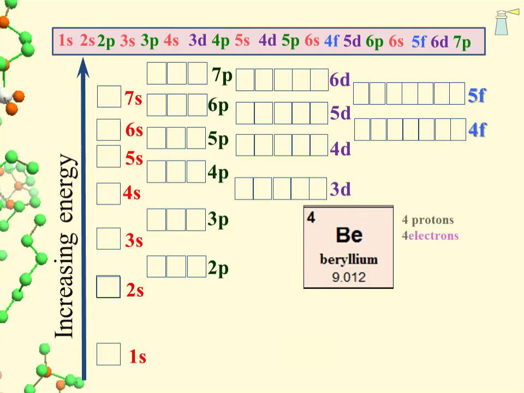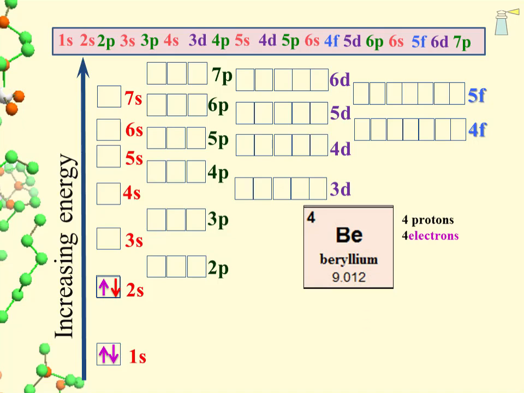Moving along the periodic table to beryllium, it has 4 protons and 4 electrons. The first 2 are paired in the lowest energy orbital. The next one goes in the 2s orbital, and the 4th electron, like we saw with the addition of the second electron in helium, is paired, opposite spin.